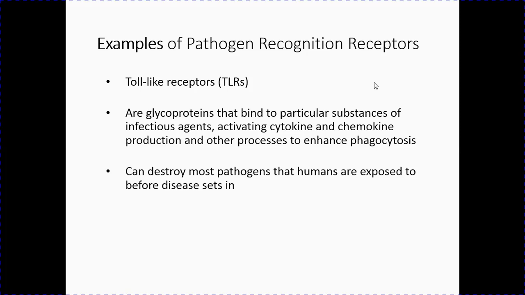For example, if we look again at the book, toll-like receptor 1, which is found on the cell surface, recognizes the molecule of lipopeptides. And we know that those are found on mycobacteria.